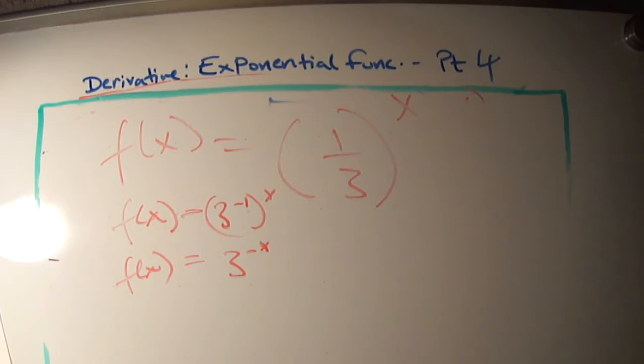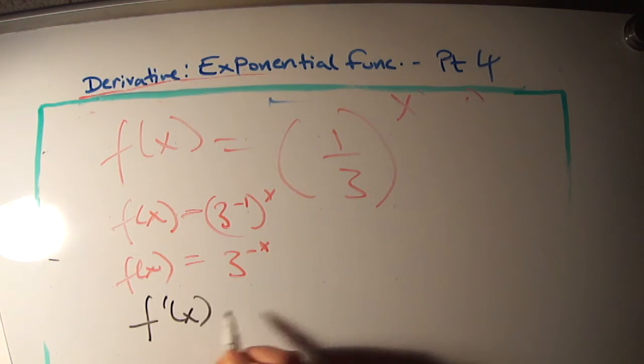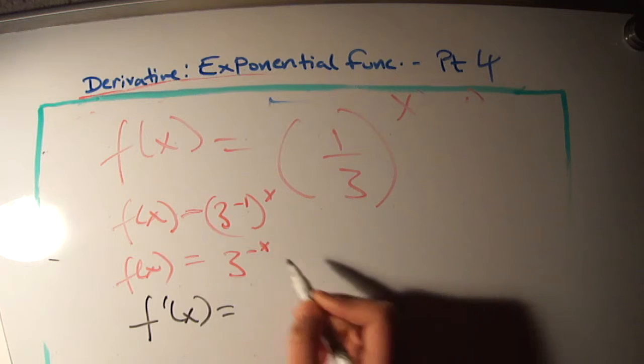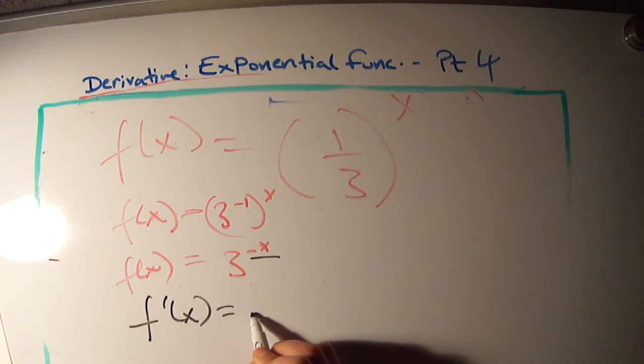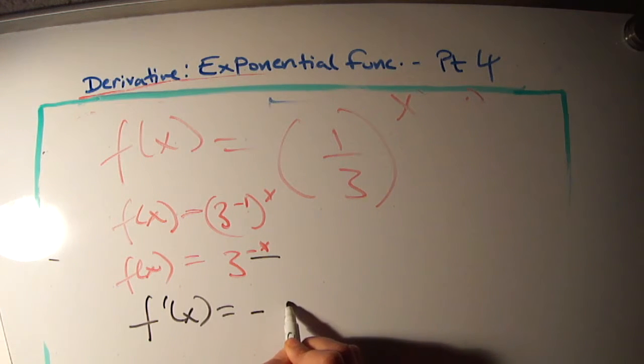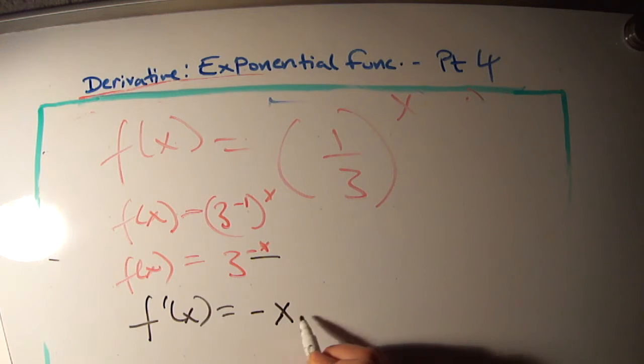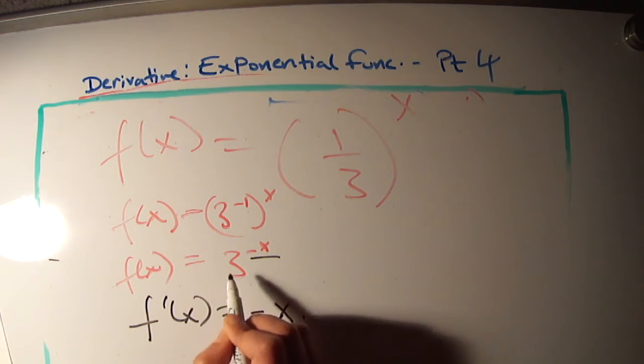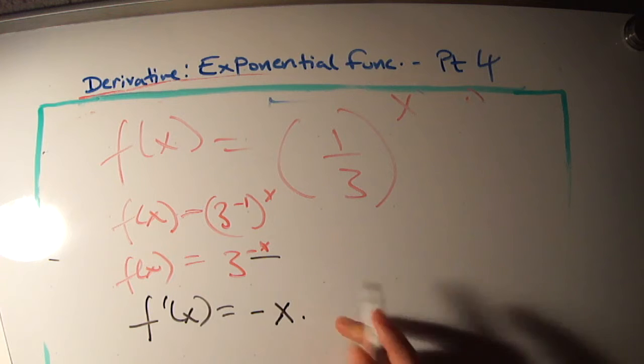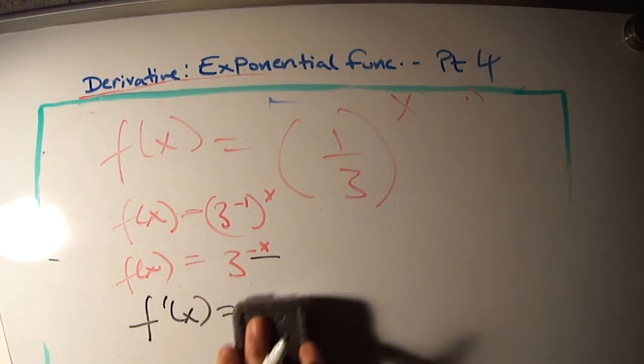Now the derivative of this term would be, so f derivative of x equals, just bring this down so you have negative x into, what am I saying?